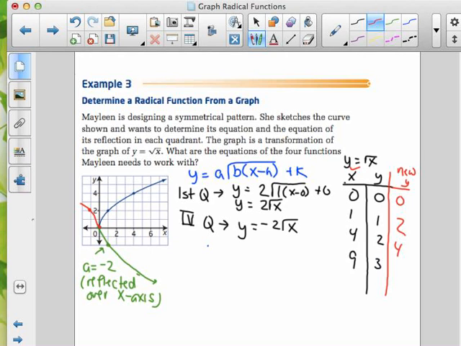We're going to need b to be negative 1. Right? That will cause us to reflect over the y-axis. So if b is negative 1, we have a reflection over the y-axis.